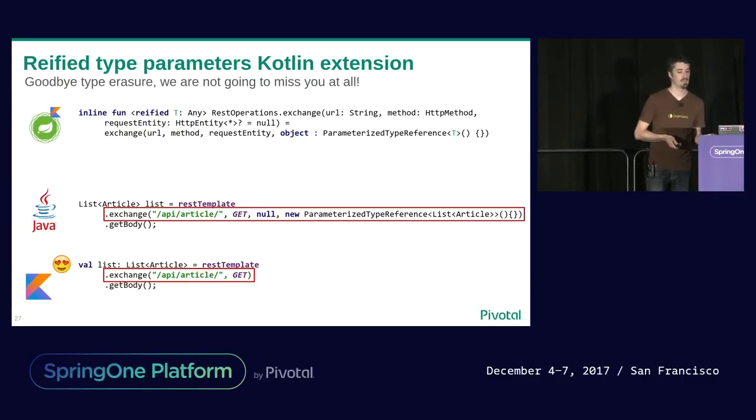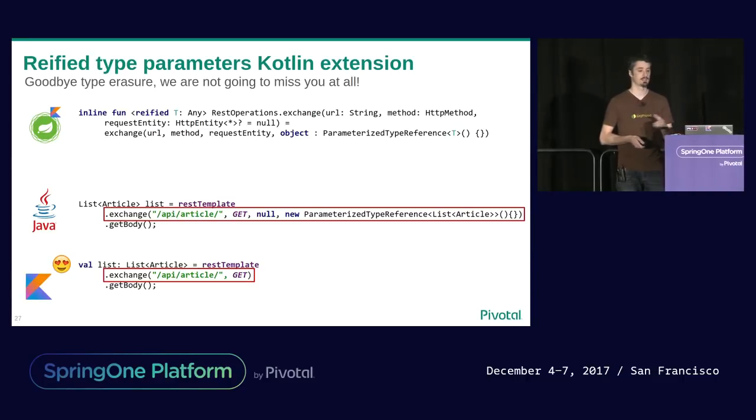In Kotlin, we have added an extension that is able to get the class from a generic type. You see that I define a reified T, a generic parameter, and in the code, I am able to reuse it and pass it to ParameterizedTypeReference underneath.